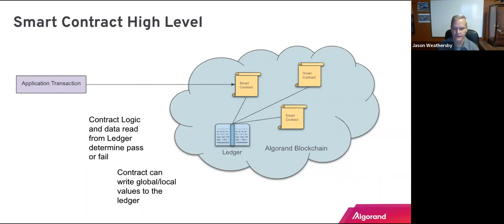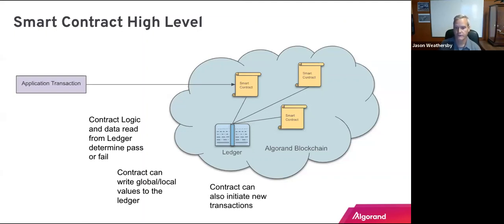These are called local state values. That allows me to store information about any specific user that is opted into the smart contract. So if you're voting, I could actually record who you voted for in local state, and it would be specific to you. In fact, the ledger stores it under your account. So that's what global and local state do.